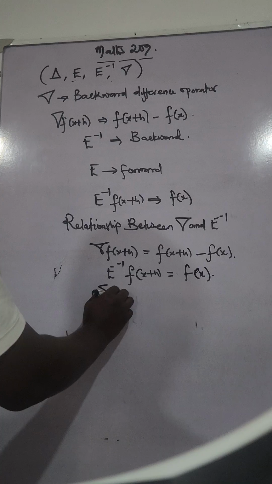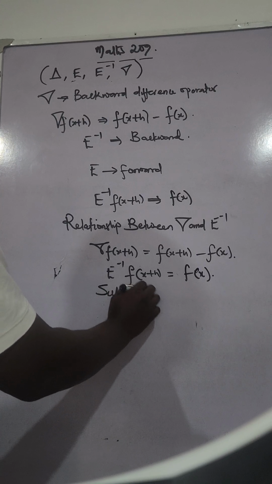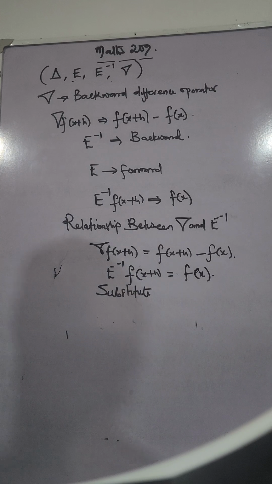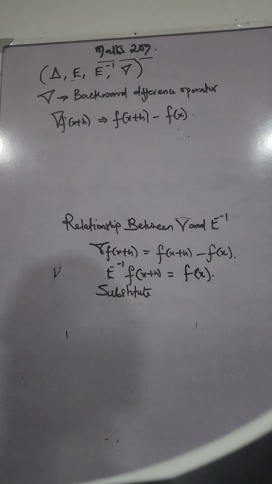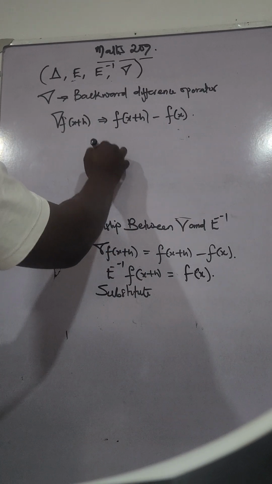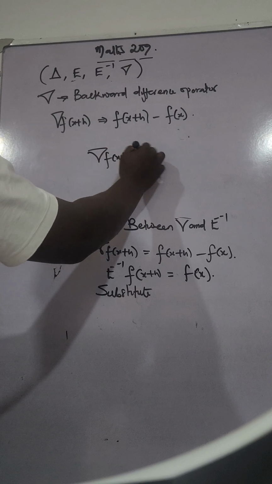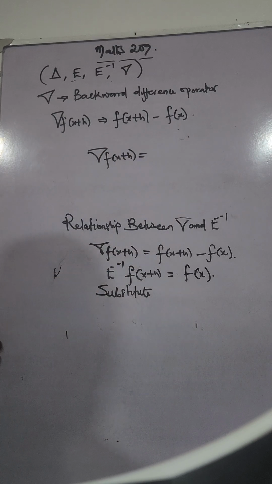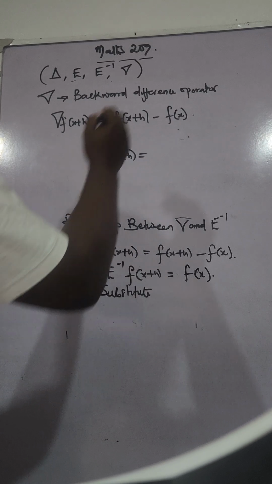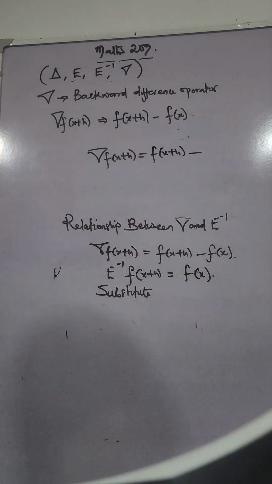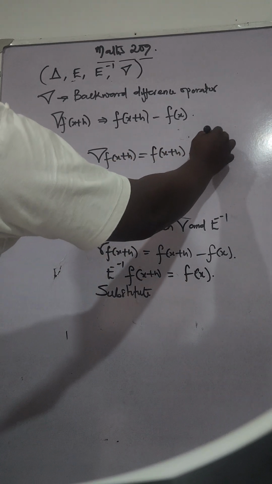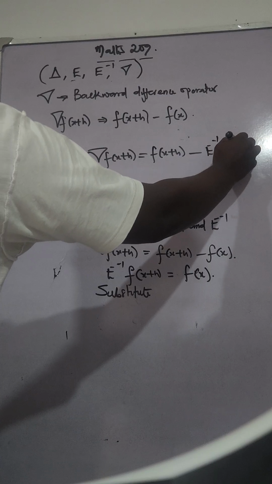Did you see that? We began to substitute. So when you substitute that, you're going to have backward difference of f of x plus h is equal to f of x plus h minus E inverse of f of x plus h.